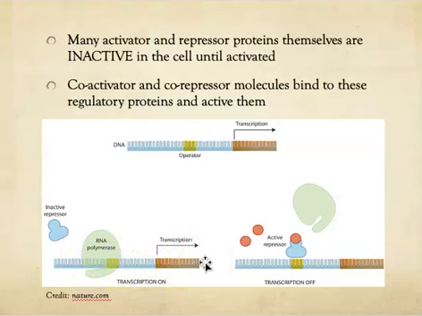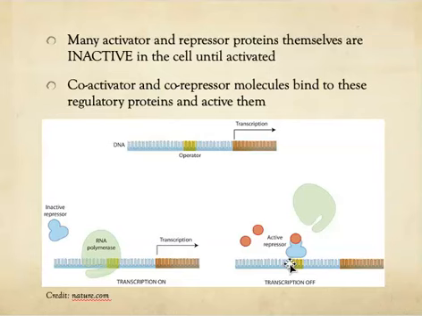But when a cell wants to prevent transcription from happening, it can turn this repressor protein on. It does that by having this little small co-repressor bind to the repressor protein and cause it to change shape. Once it is changed in terms of its shape, it can bind to that operator region.